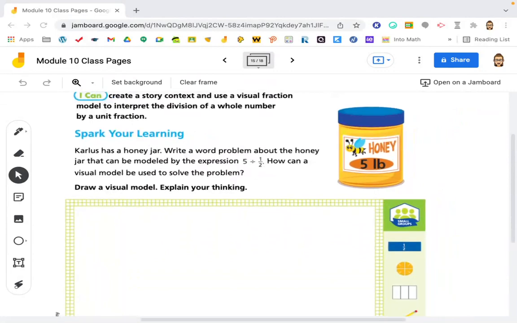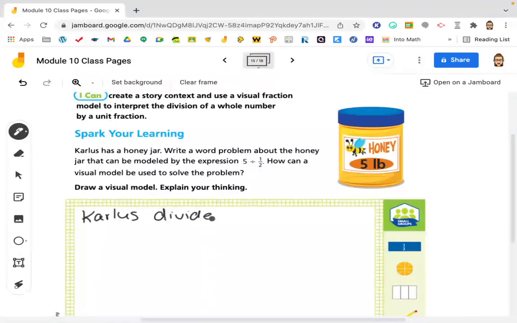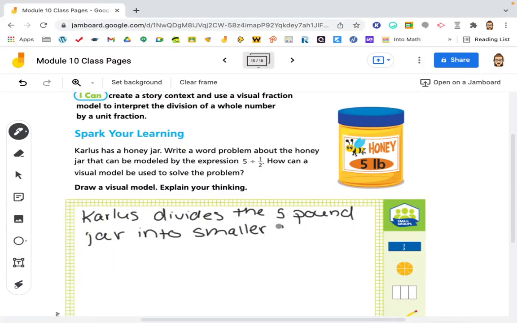Well, we can say that Carlos divides the 5-pound jar into smaller containers.